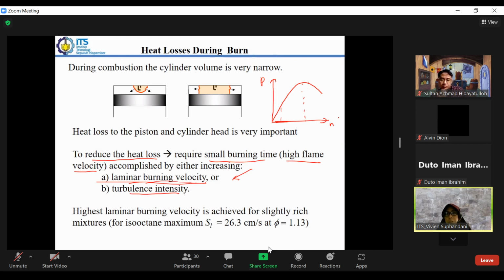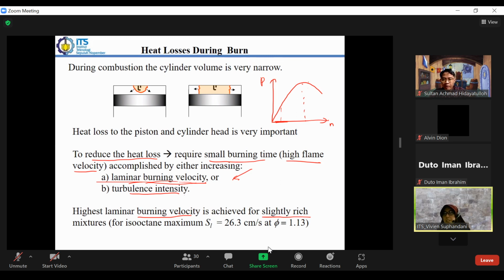When we want to reach that, it means we have to change the composition of the mixture. If we want a higher laminar burning velocity, aside from increasing the piston speed, what we can do is change the composition so that it becomes a slightly rich mixture.